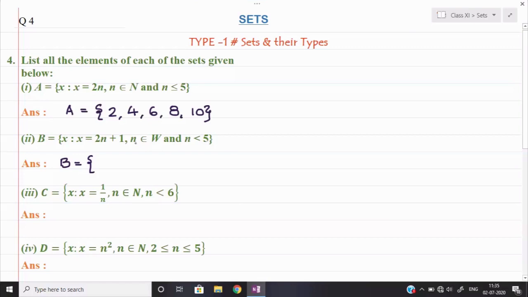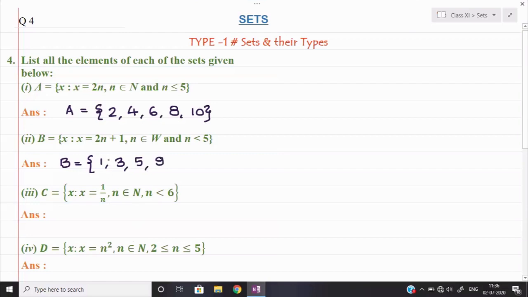If I take n equal to 0, 2 into 0 is 0, plus 1, the first value is 1. If n is equal to 1, 2 into 1 plus 1 is 3. Then for n equal to 2, this will be 5, and for 4 it will be 9.